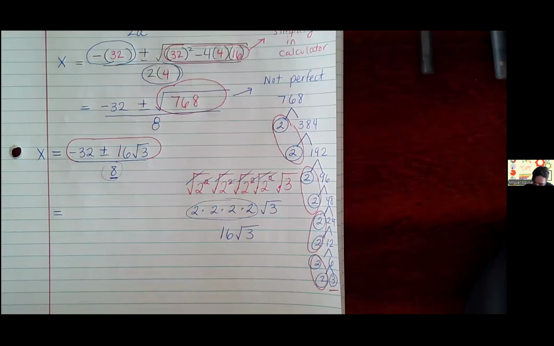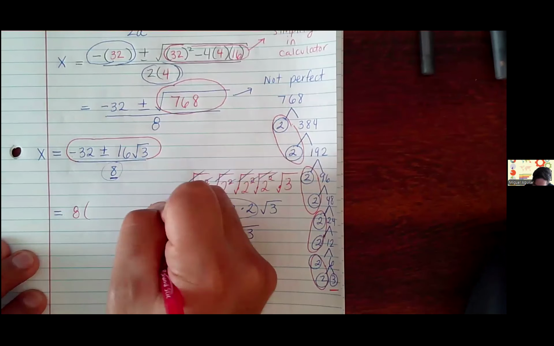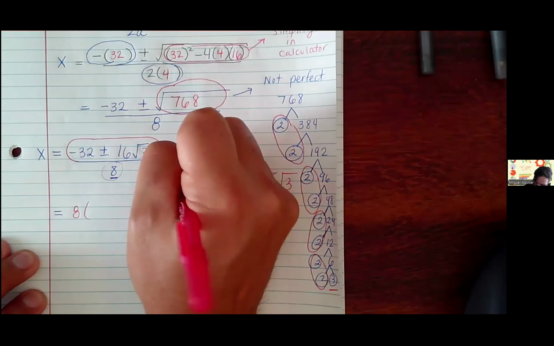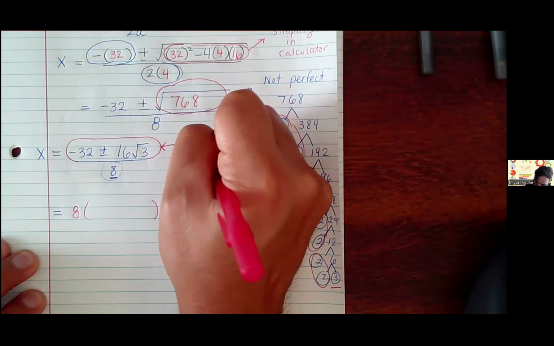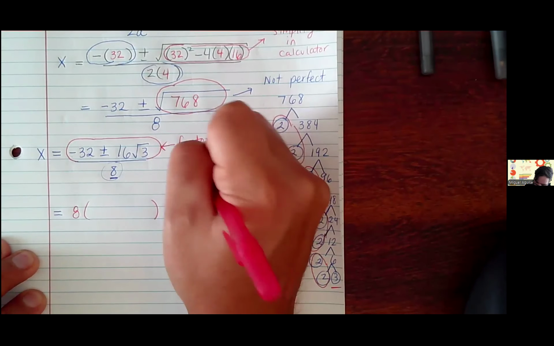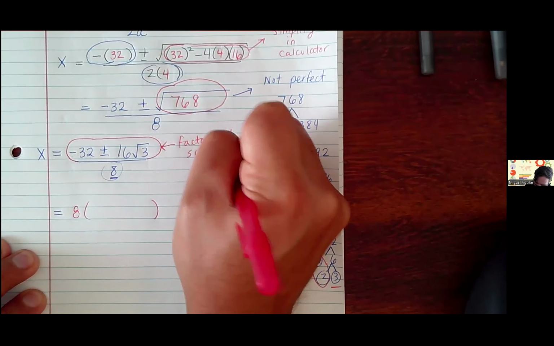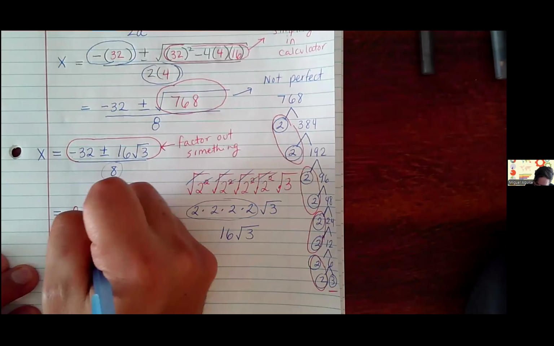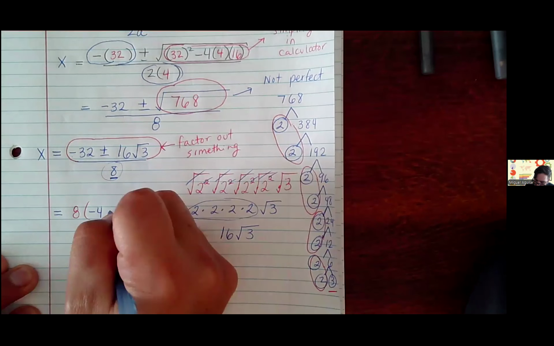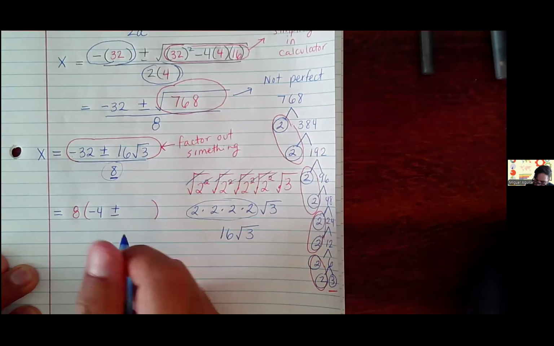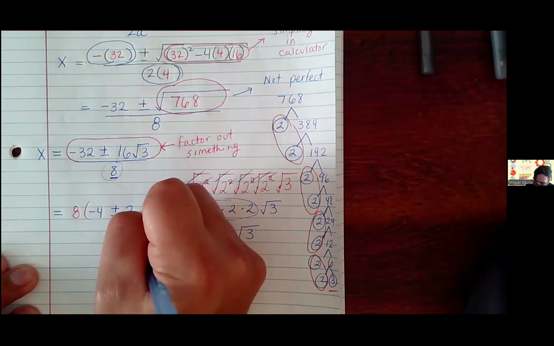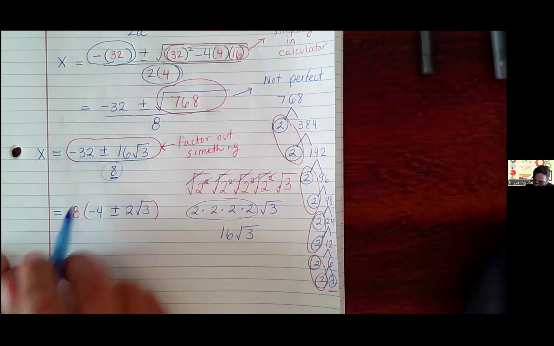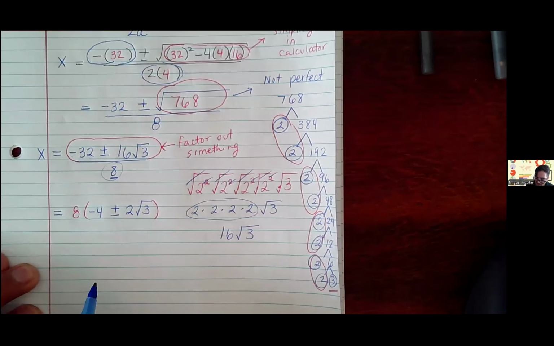So let's say that I had an 8 that I wanted to take out from the numerator. So we're factoring out something, and that something is an 8. Well, 8 times negative 4 would give you the 32, plus or minus. 8 times 2 root 3 would give you back the 16 root 3.